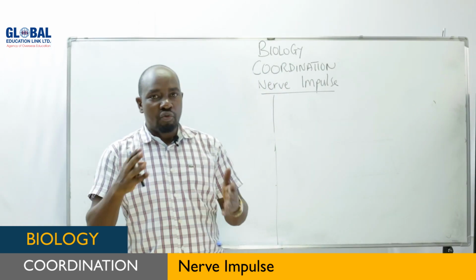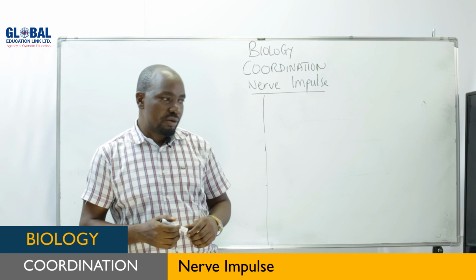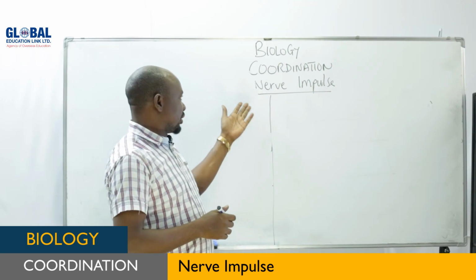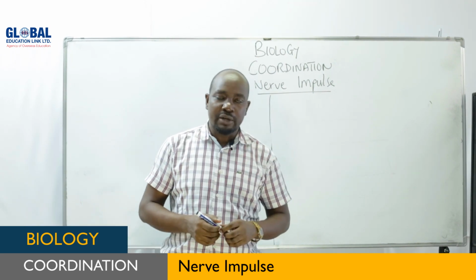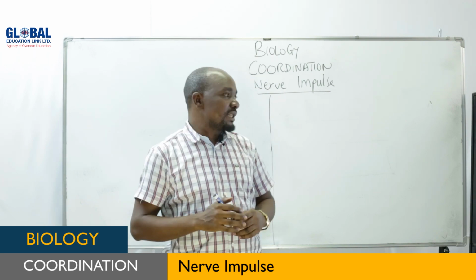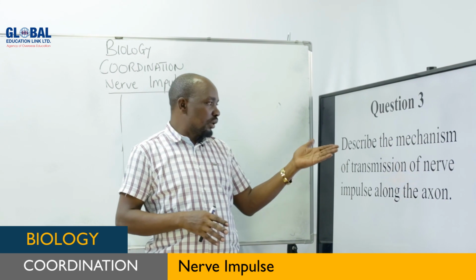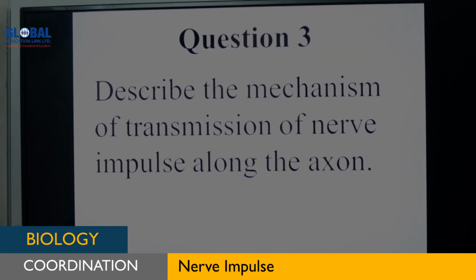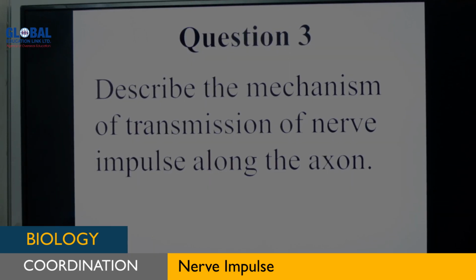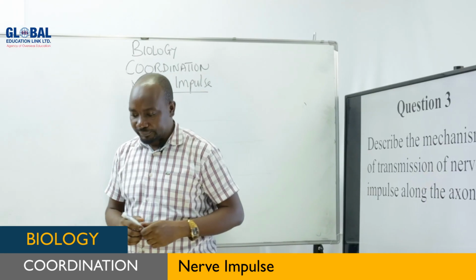Dear student, welcome once again to our period, which is all about nerve impulses. Let us see question number 3 of this presentation. The question reads: describe the mechanism of transmission of nerve impulse along the axon.